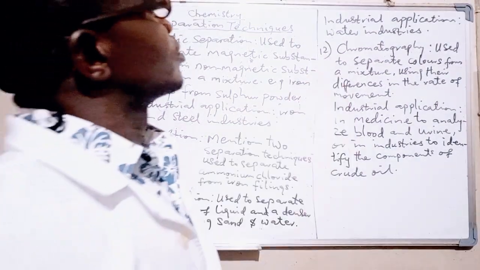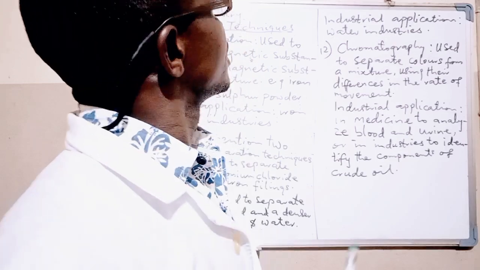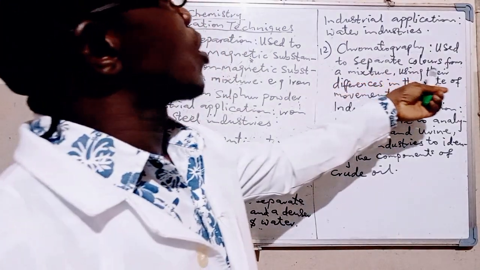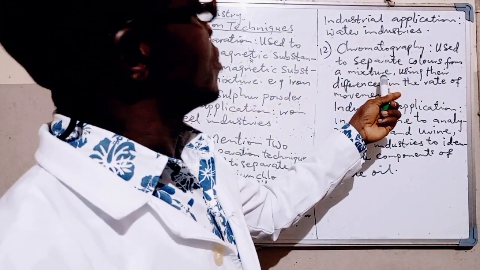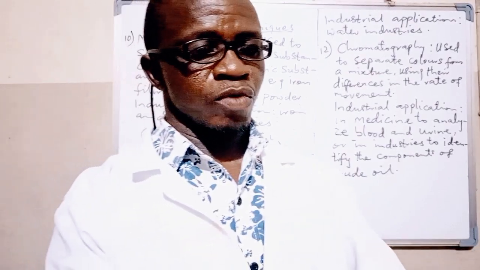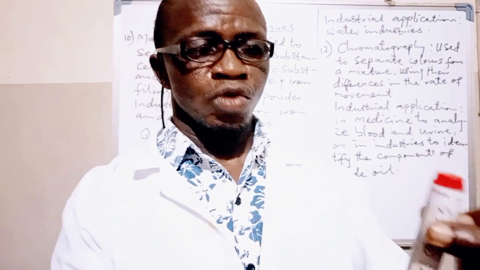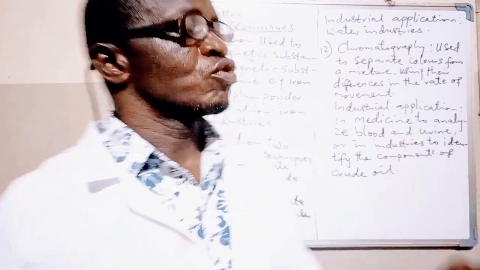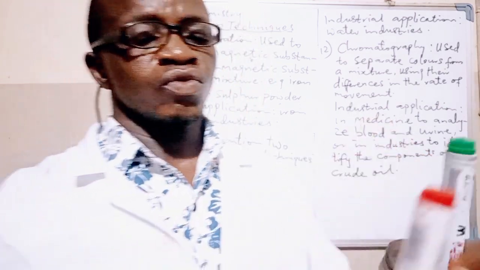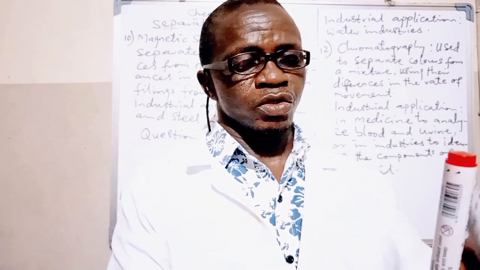Next technique is chromatography. Chromatography is used to separate colors from a mixture. If I have this ink, I want to know whether this ink is made up of red only or is a mixture. I will use chromatography to separate the different colors present.